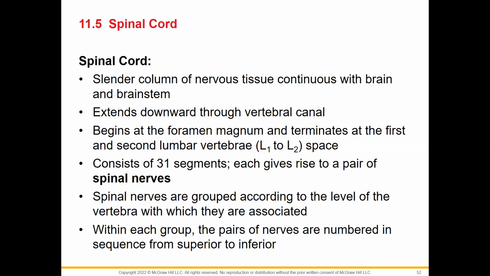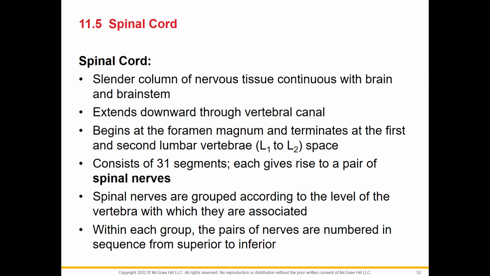Your spinal nerves exit the vertebral canal through the intervertebral foramina, which are between two vertebrae. Whichever foramina the spinal nerve goes through is basically the name of it.